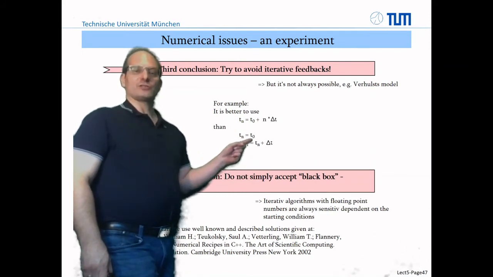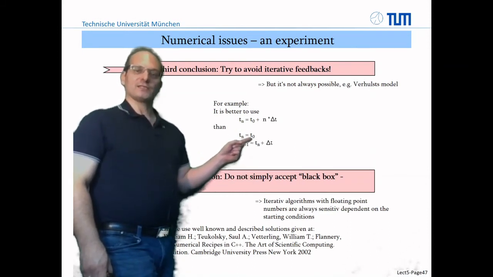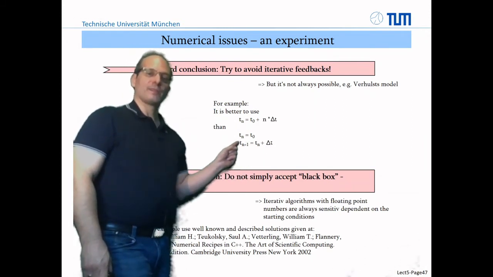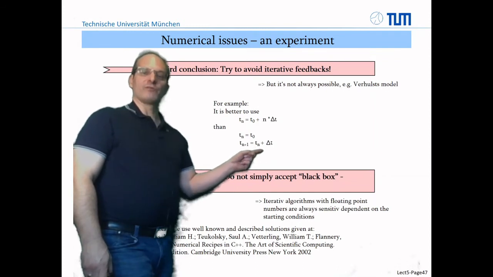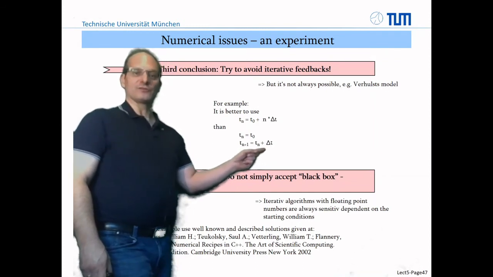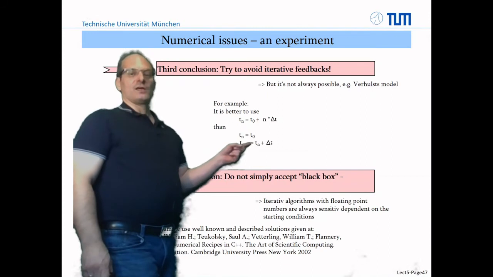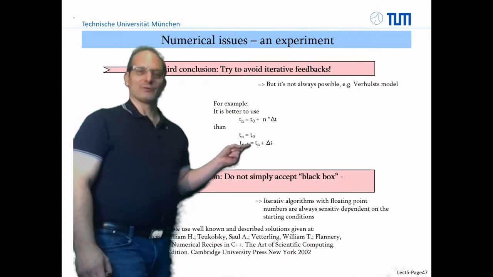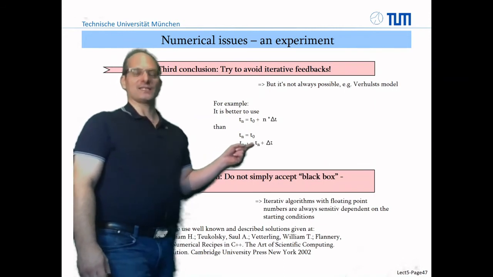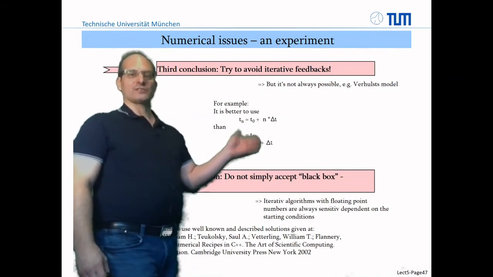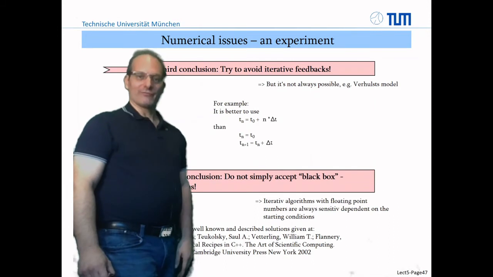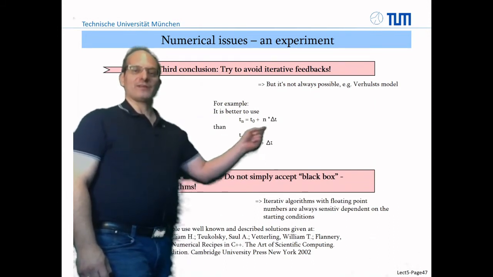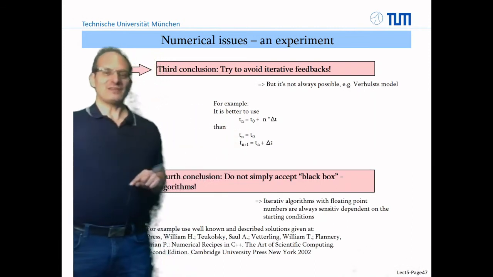So you have a starting time, a position of the satellite, and then you calculate the next time by just taking the previous one plus the delta t, so the iteration step. And with this, my orbit did not end up in the real orbit of the satellite.